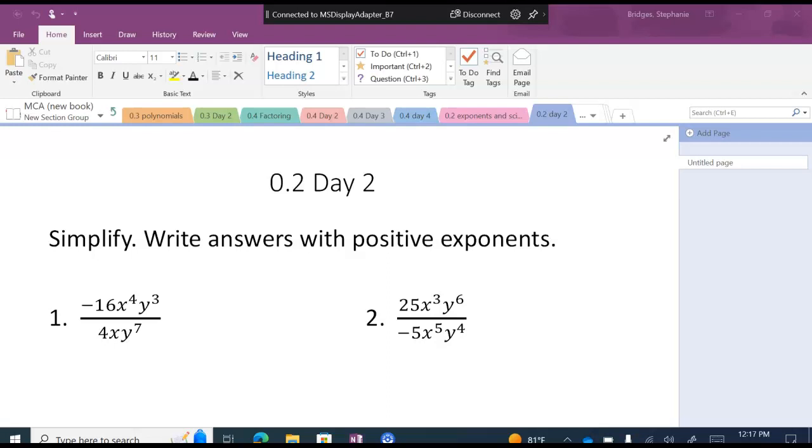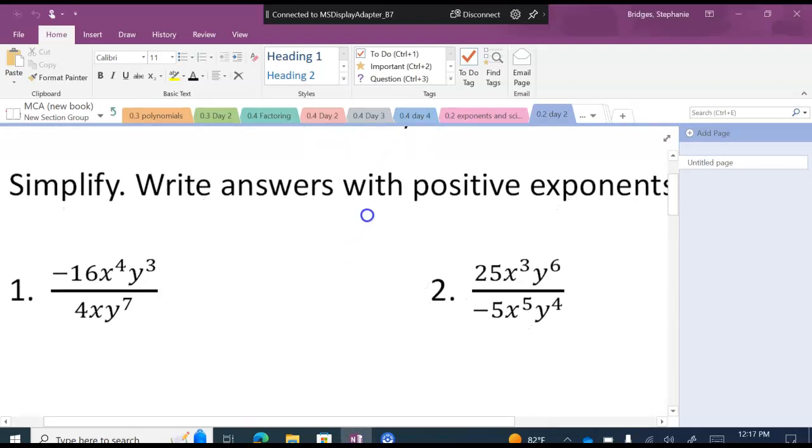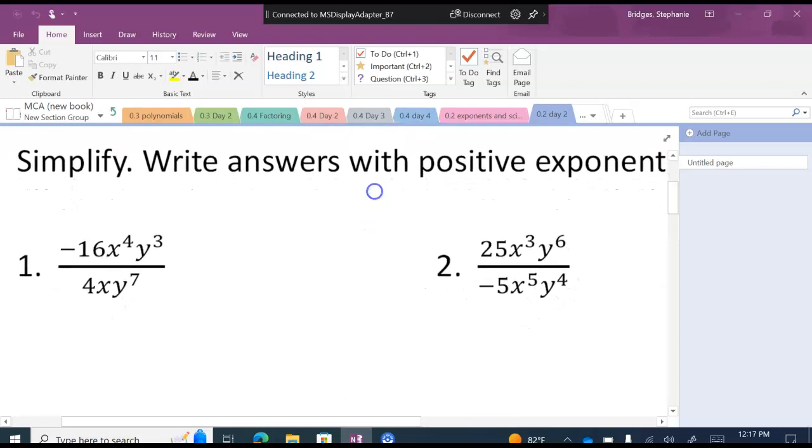And we are going to start with that first question, if you can get that written down. Again, we're going to just simplify, and we're going to leave all of our answers with positive exponents.